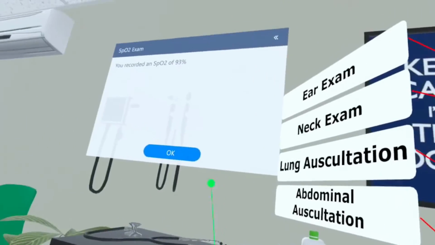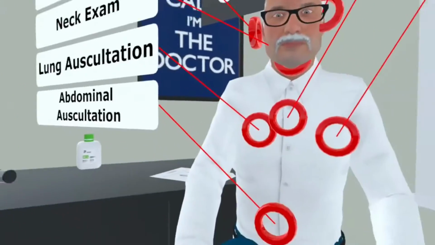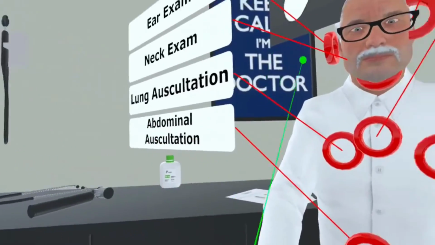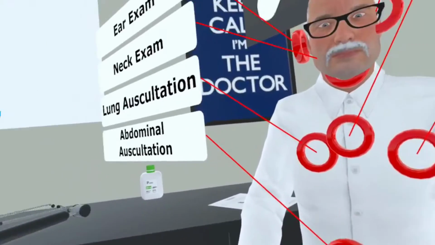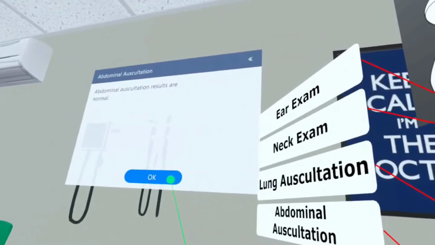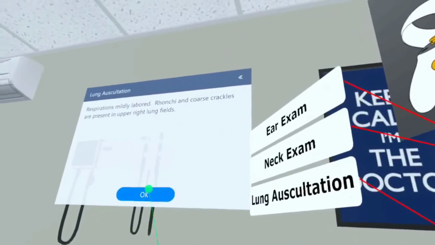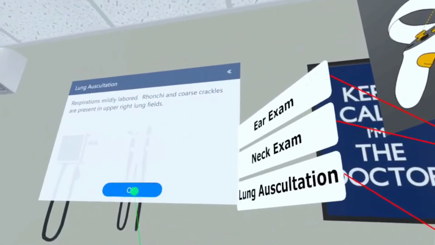You recorded an SpO2 of 93%. Abdominal auscultation results are normal. Respirations mildly labored.